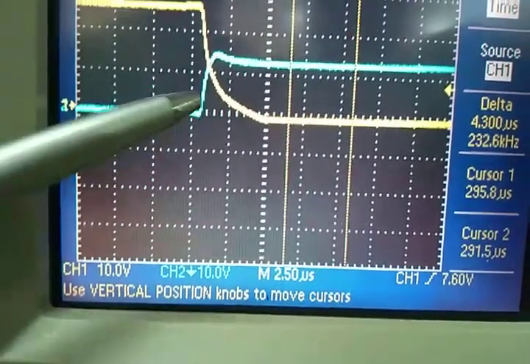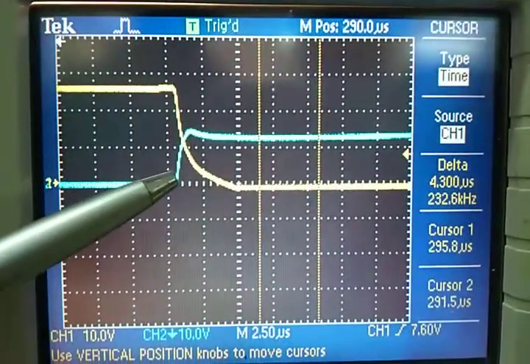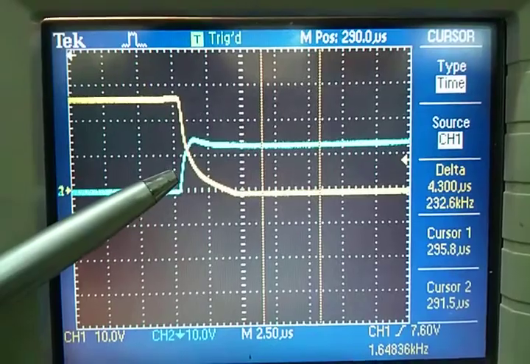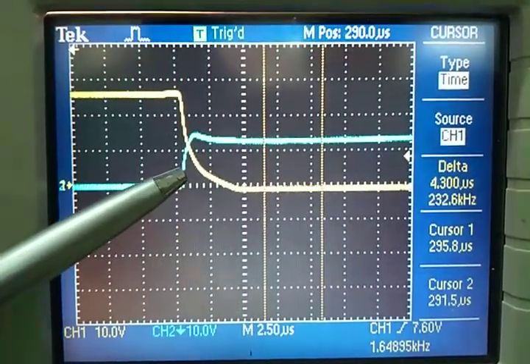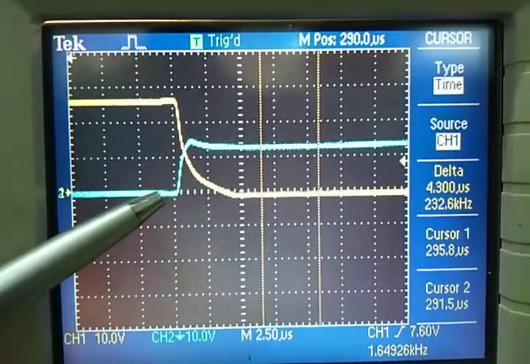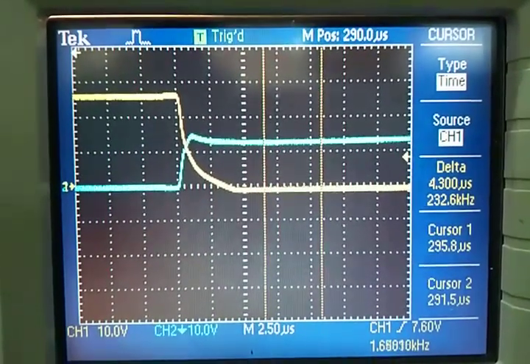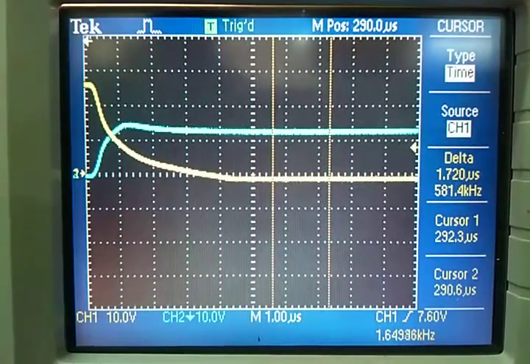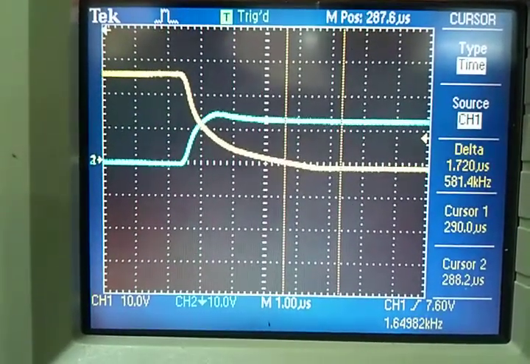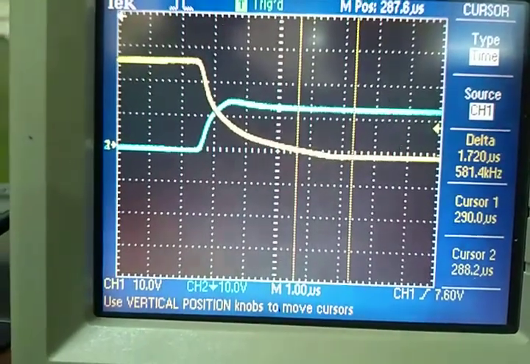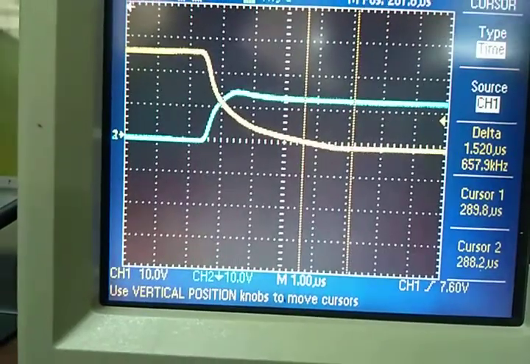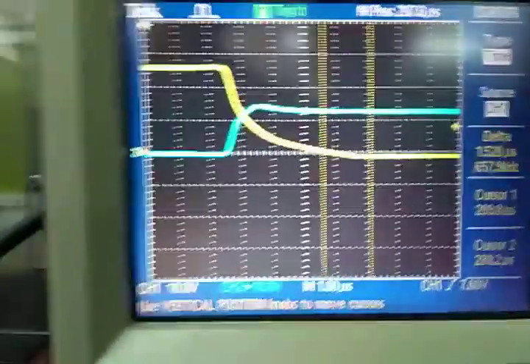And again, when the gate pulse is applied and reaches the threshold voltage, then your current will rise, and it takes some delay. So at this instant, if I zoom it again further, let me set this to make it more clear to you. We can place the cursor over here, and we can shift these cursors.